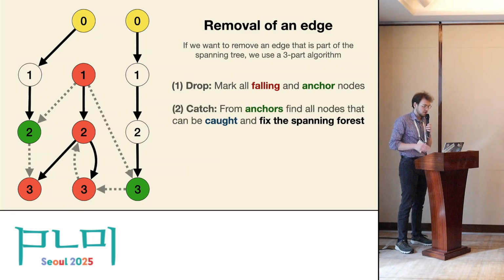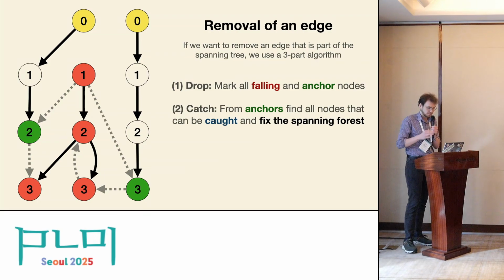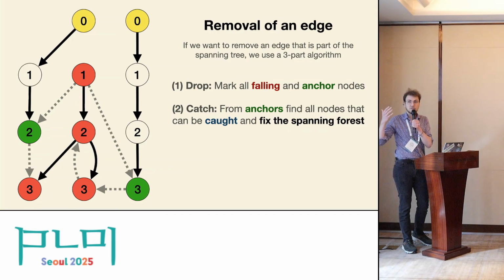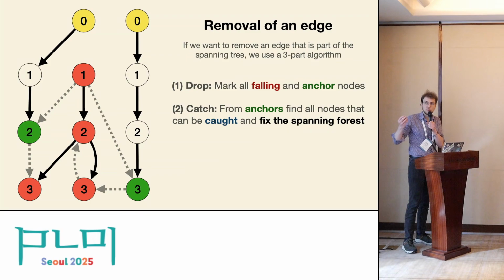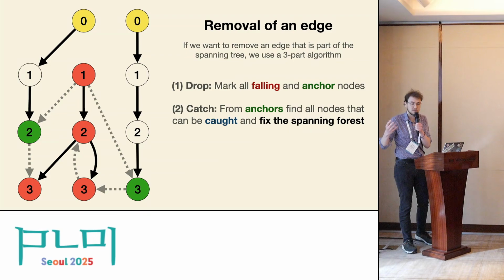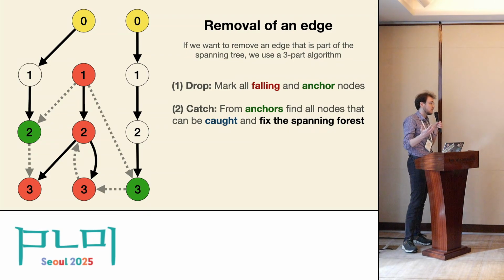So now we can move to the catch phase. In the catch phase, we will start from the anchors, and we will try to fix the spanning forest and mark all falling nodes that we can still reach. So all nodes that are still reachable. And I think I'll just play the animation.